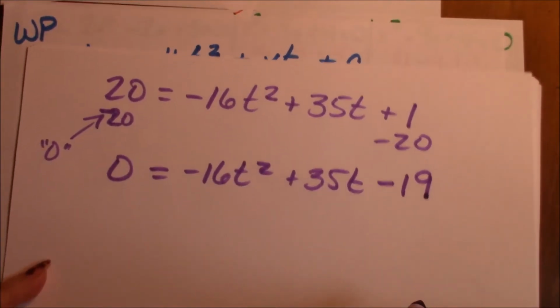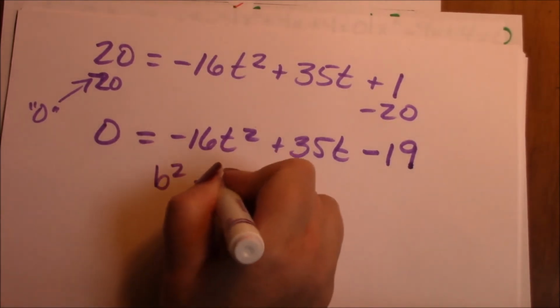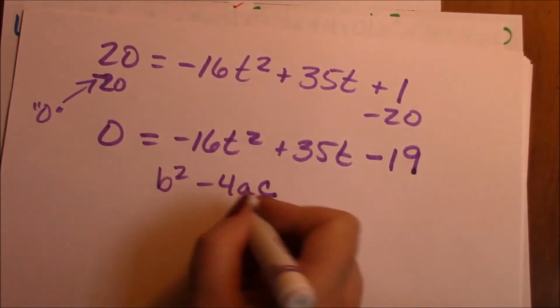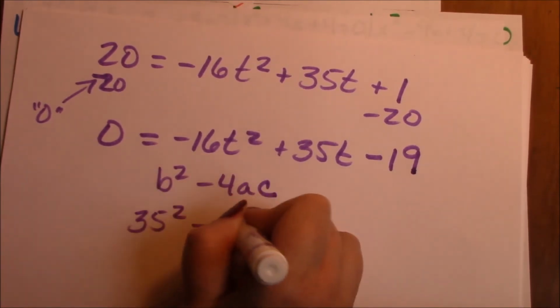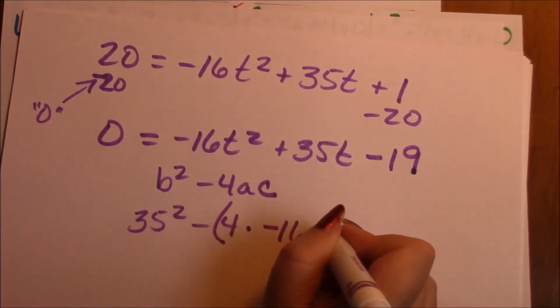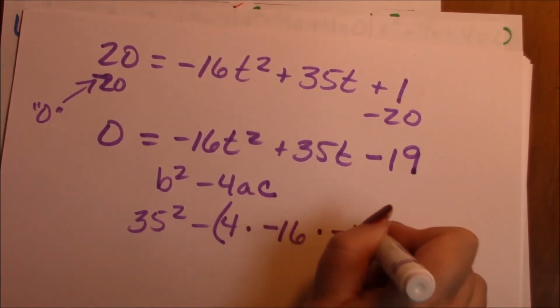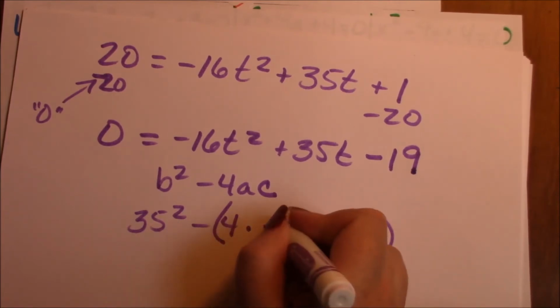That's our equation. And from here, we're going to find b squared minus 4ac. So b squared, 35 squared, minus 4 times a times c. Now, negative, negative, negative. 2 of these go away.